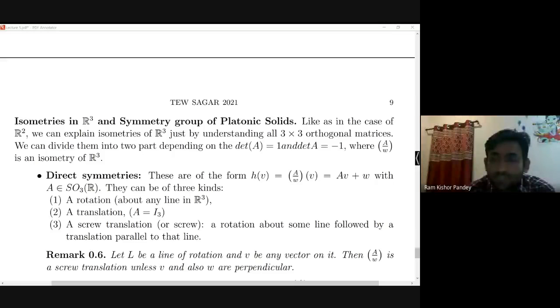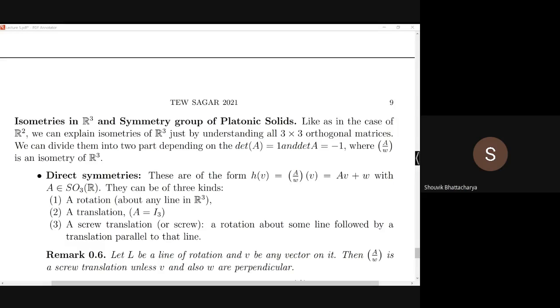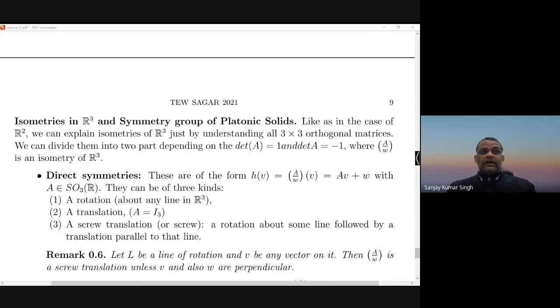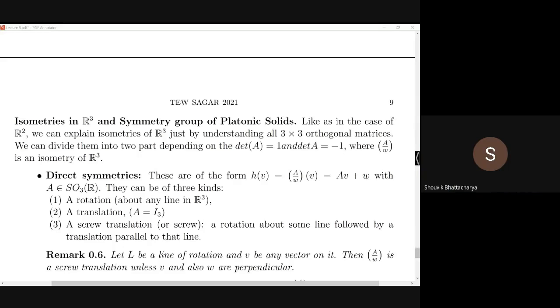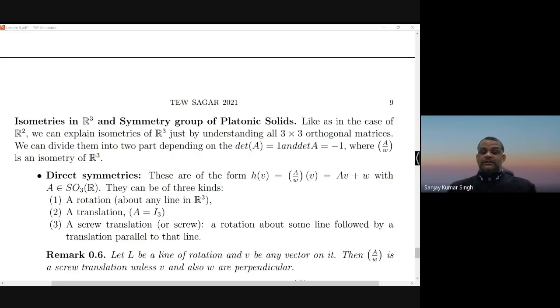Any other question? Excuse me, sir, can you repeat once again the part about the finite subgroups of SO2? Today I proved what the finite subgroups of SO2 are. I proved that a finite subgroup of SO2 is nothing but a cyclic group, nothing else.